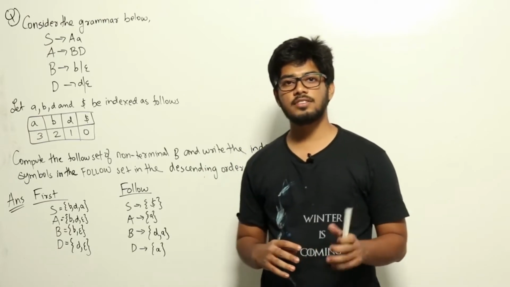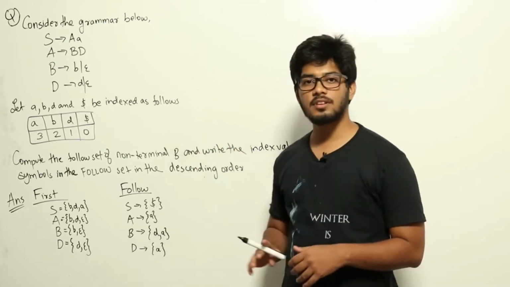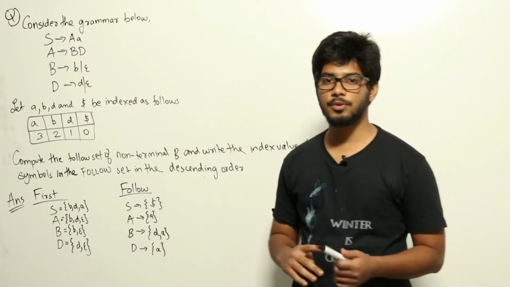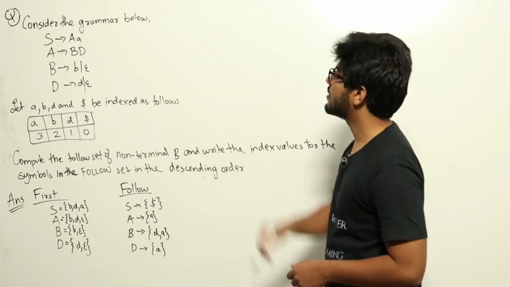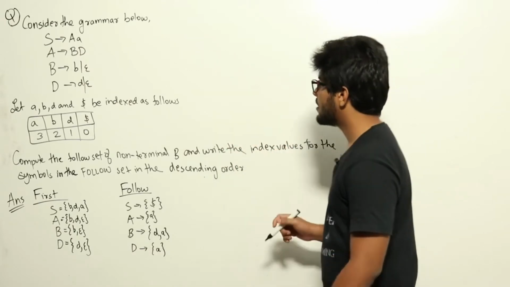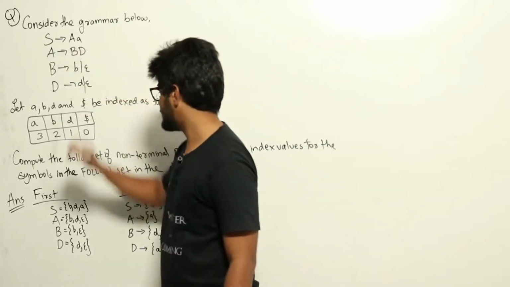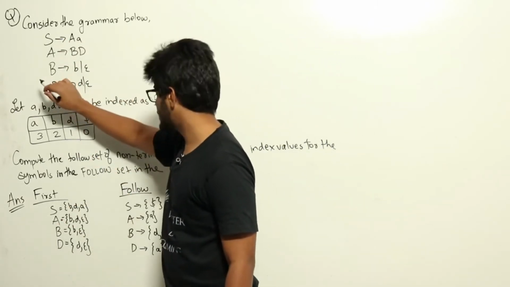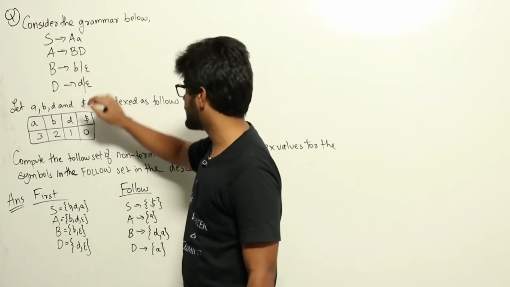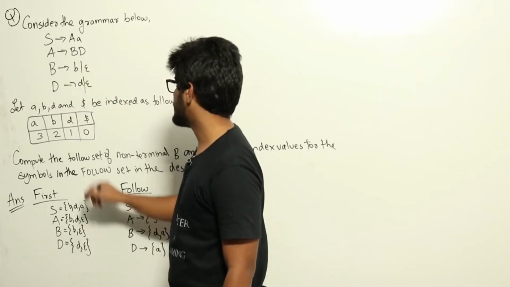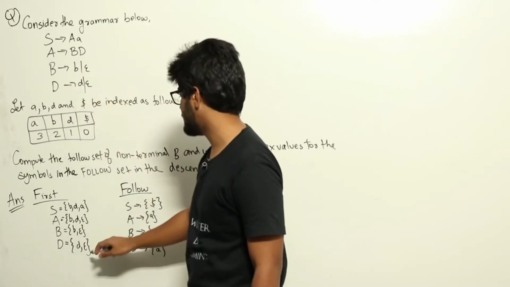If you don't know what first and follow sets for a grammar are, please refer to the video lectures to learn more about those. Now for this grammar, we'll calculate the first and follow sets. First of S will be first of A. First of B will be b comma epsilon. First of D will also be d comma epsilon.